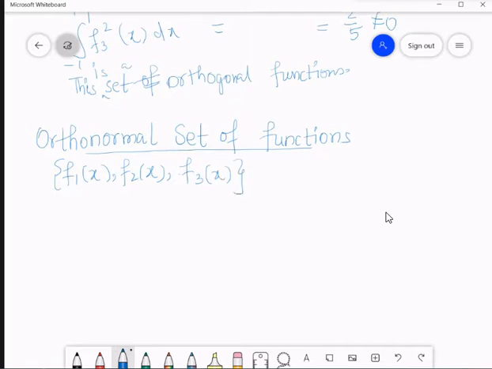If I have three functions, all defined on the interval a, b, or whatever the interval is, on the same interval all the three functions have to be defined. The first part: if you take two distinct functions, their dot product will be 0.